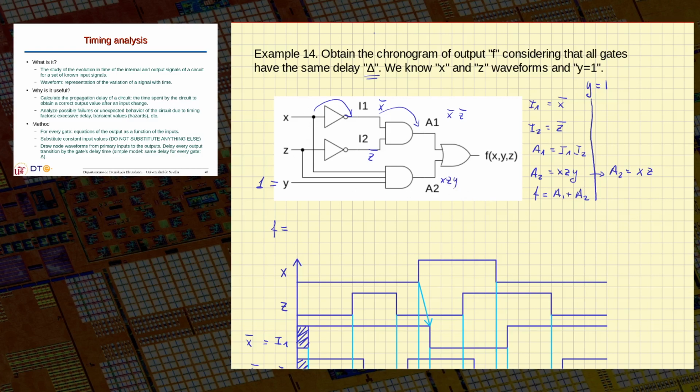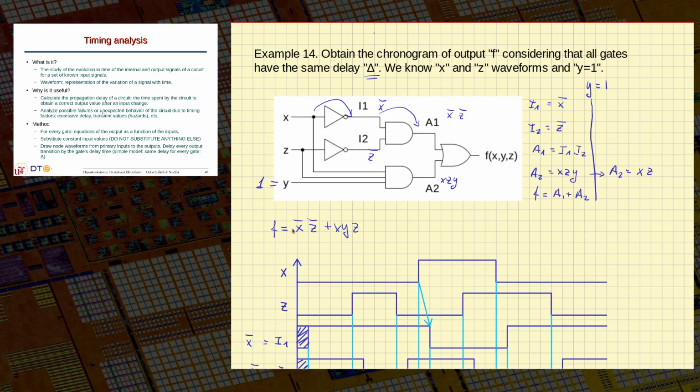I'll do the complete analysis, okay, without assuming any value. And then f will simply be the OR of these, so will be x complemented, z, z complemented, or x, y, and z. Okay.